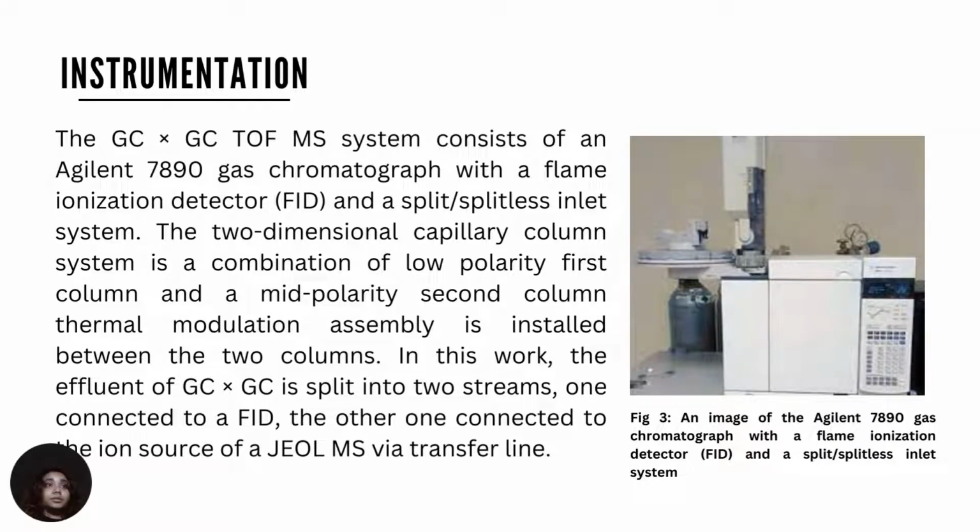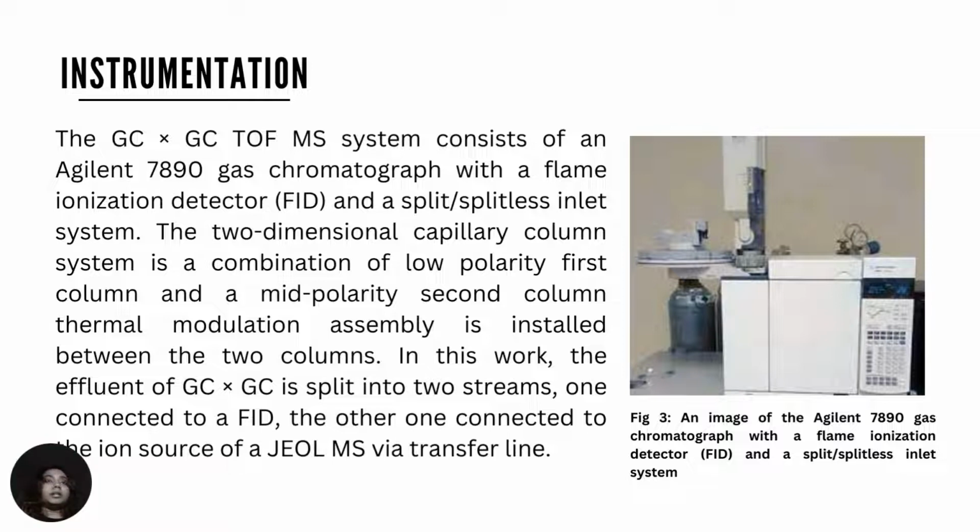For the instrumentation part, the article states that the machine used is an Agilent 7890 gas chromatography with a flame ionization detector, commonly known as FID, and a split or splitless inlet system. This two-dimensional capillary column system is a combination of a low polarity first column and a mid polarity second column, with a thermal modulation ensemble installed between these two columns.